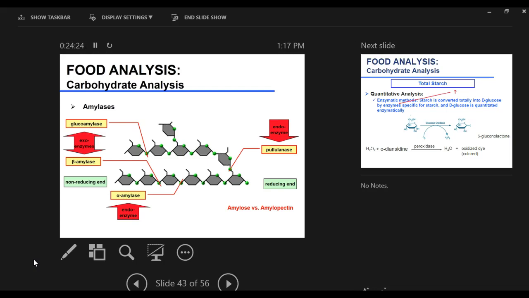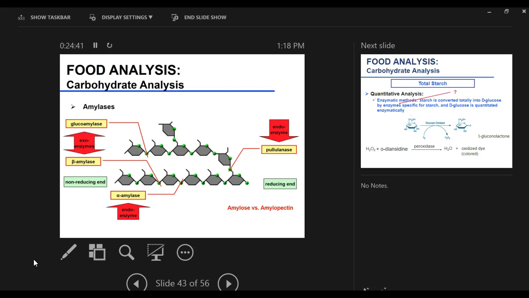Now, what's important in starch analysis is also using glucoamylase. Glucoamylase is very important because it's an exoenzyme, and it chops one glucose unit at a time.